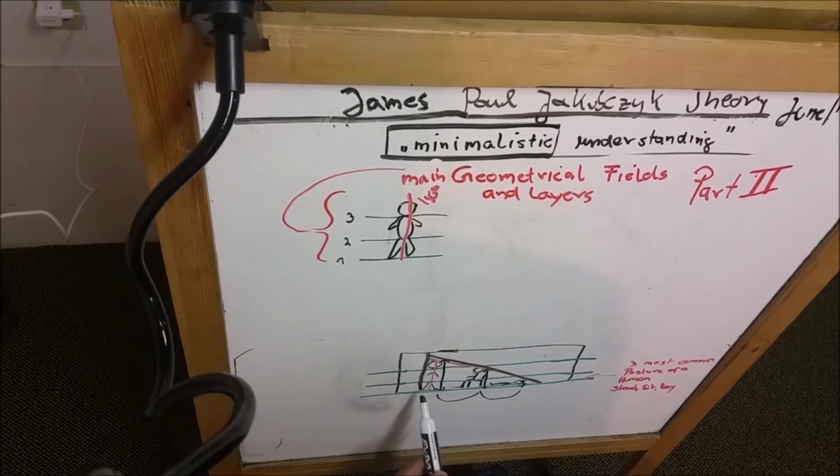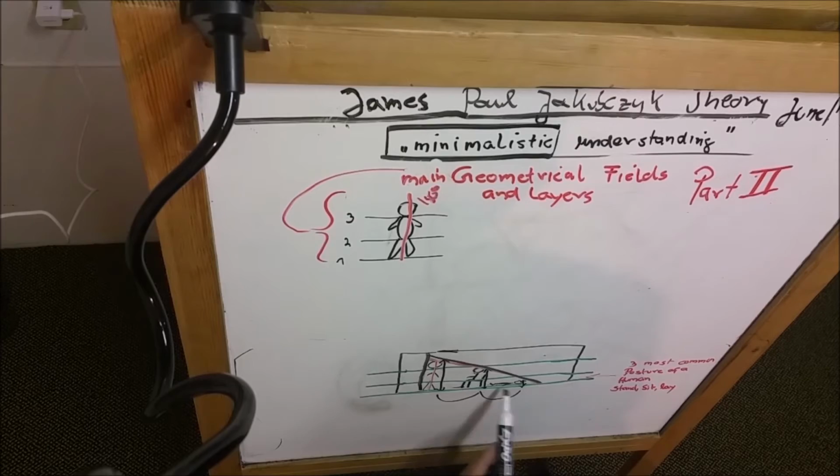So actually what you see here is that a human being is always interacting in geometrical fields and layers that are invisible. That might be very interesting in the future for technology purposes. So let me summarize all that together: we have 3 most common postures of a human being, the standing posture, the sitting posture, and the laying down posture.